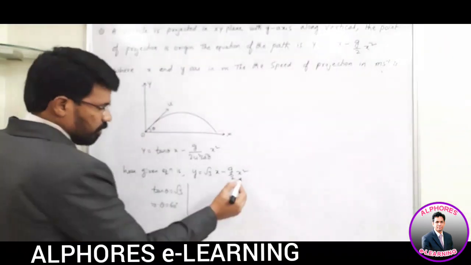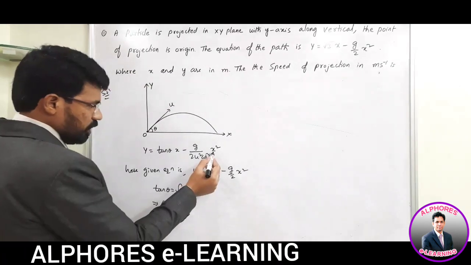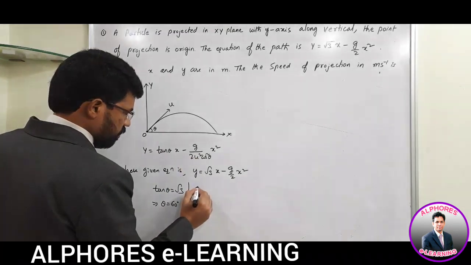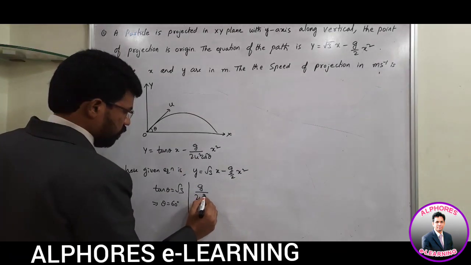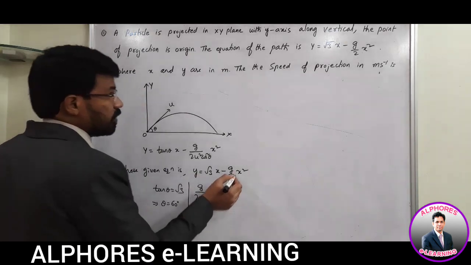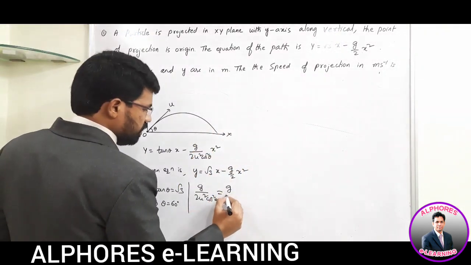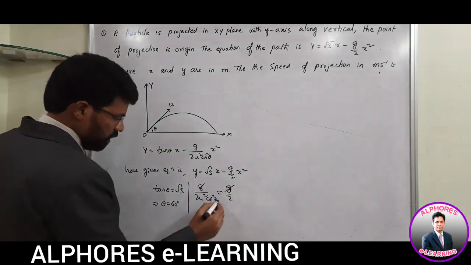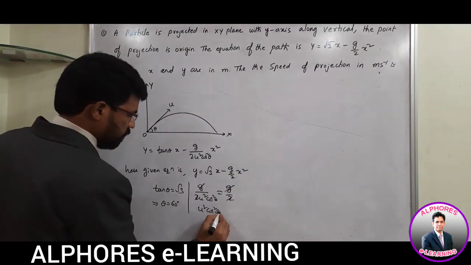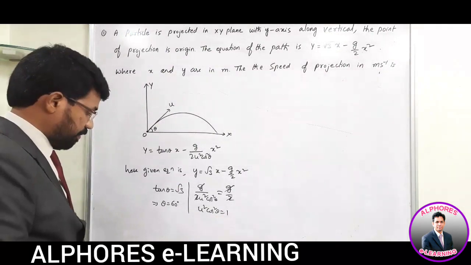Now what is the coefficient of x square? Here it is g by 2. In the main equation it is g by 2 u square cos square theta. So g by 2 u square cos square theta equals g by 2. So g gets cancelled, 2 gets cancelled, therefore u square cos square theta equals 1.